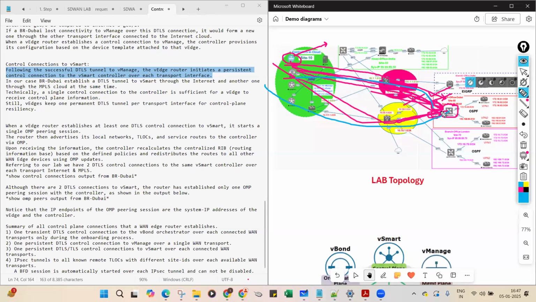Apart from that, it will also create one OMP pairing with each vSmart using the system IP. Under that DTLS tunnel, from that OMP pairing, the vSmart will share all the policies and all the control plane information to the WAN edge router.